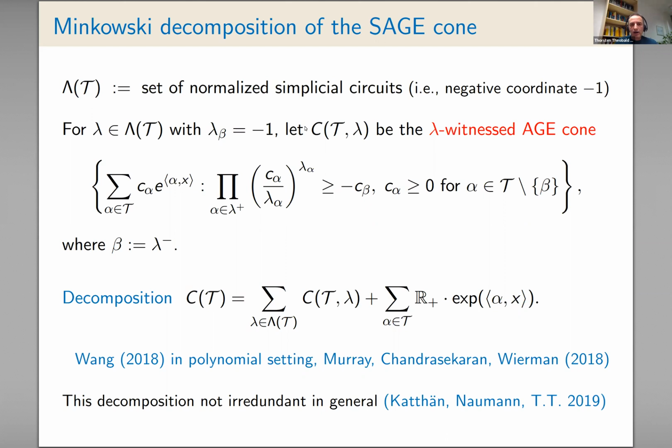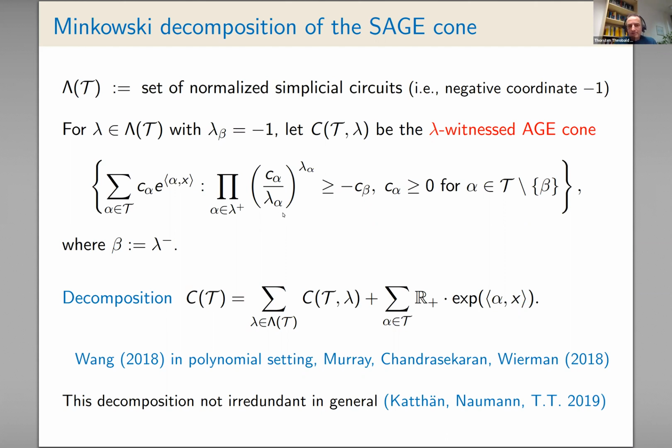And every one of these simplicial circuits is a witness for a certain subcone of non-negative signomials. And these are called the lambda-witnessed H cones if lambda is denoting a normalized circuit.